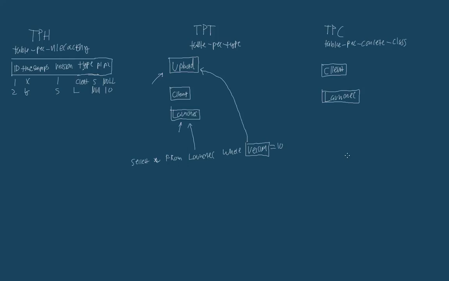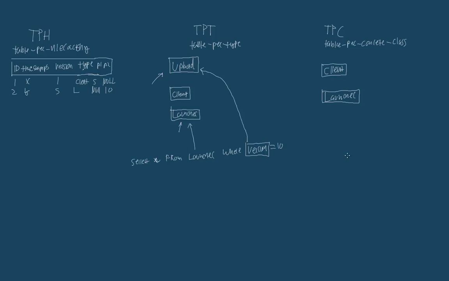Well, how does this work? Well, what happens is our properties that are shared between client and launcher are repeated between these two tables. So the client table will have a timestamps, a version, an ID, and a P1, and the launcher table will have an ID, a timestamps, a version, and a P2. So this is great.